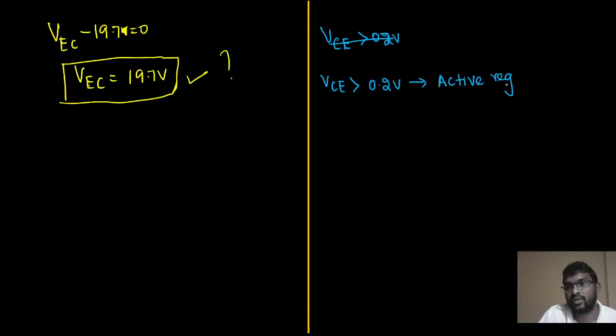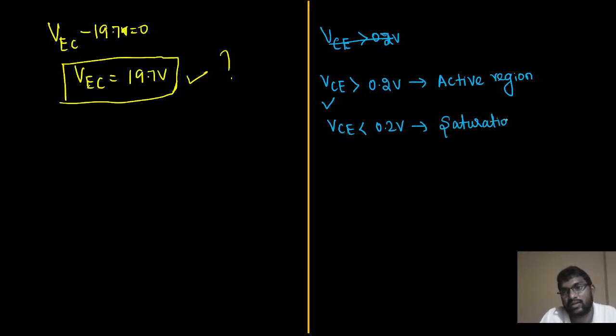Yes or no? Yes sir, your answer is correct. Suppose your transistor fails to satisfy this condition, and the collector to emitter voltage is less than 0.2 voltage, then our transistor will be in saturation region. That's all. Answer is over sir.